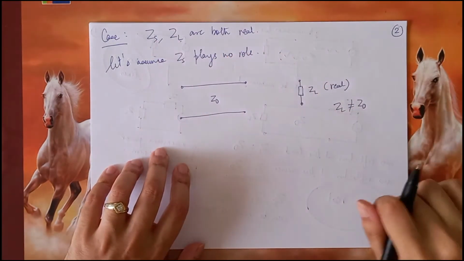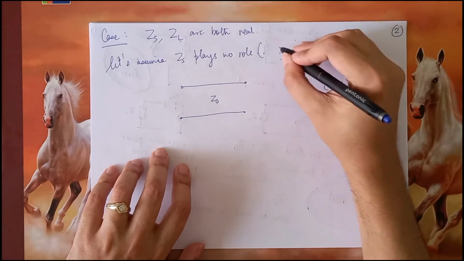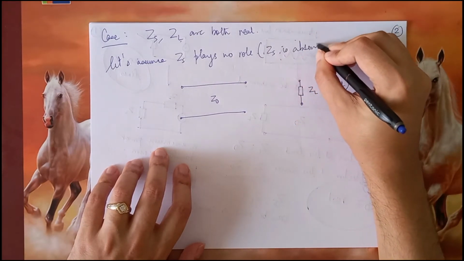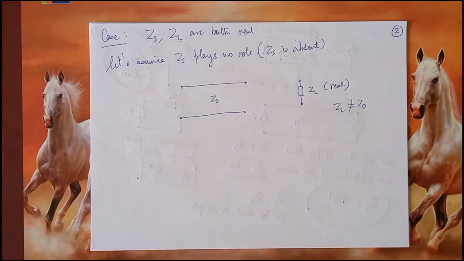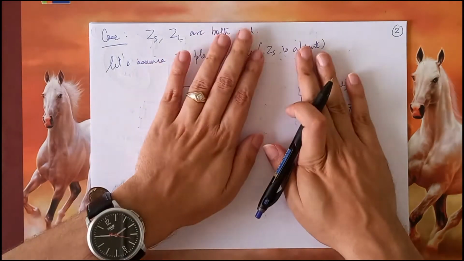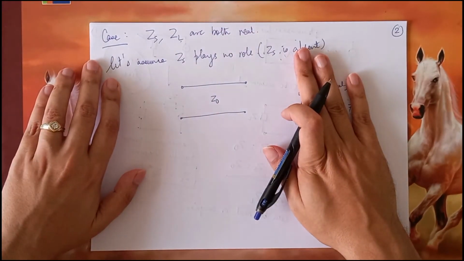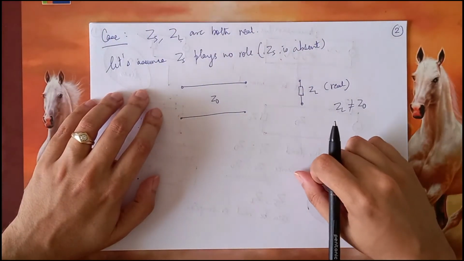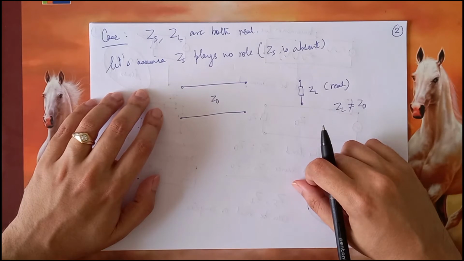So rather than saying let's assume ZS plays no role, we can say that ZS is absent, or we are not concerned about the source end for the time being. What we are interested in doing is at the load end for the time being, because both source and load ends have similar requirements for ensuring no reflection at either end.